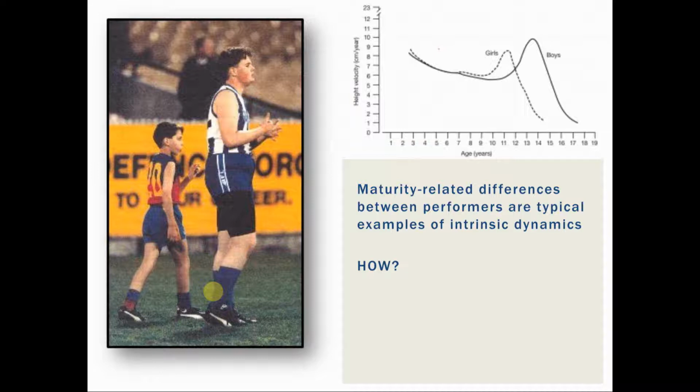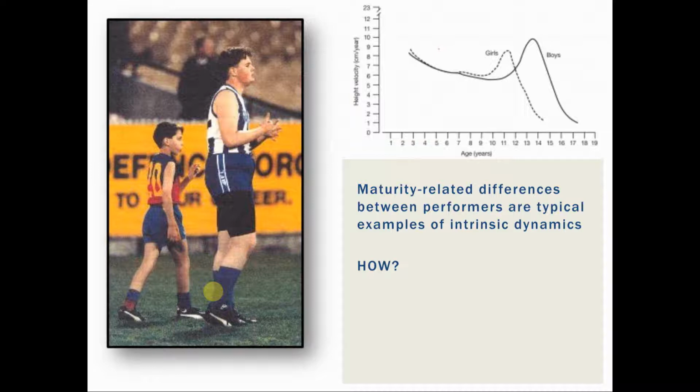And that adolescent growth spurt often leads to huge inter-individual differences in stature and body size in general, because if you look at that picture there, these two children are the same age, they play in the same age category, but obviously one of the children is much heavier and much taller than the other. Yeah?